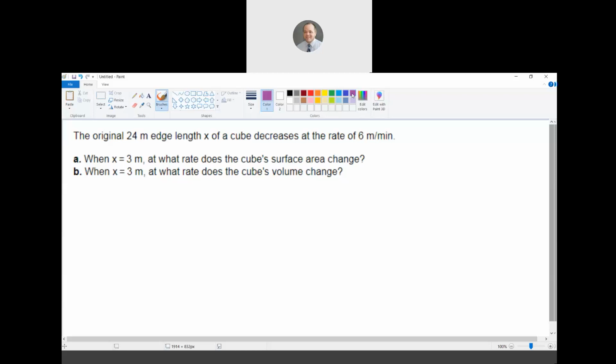To answer or to even start part A, you would need to know the surface area formula for a cube. So we'll just do S equal to 6x squared. That is the formula to find the surface area for a cube.